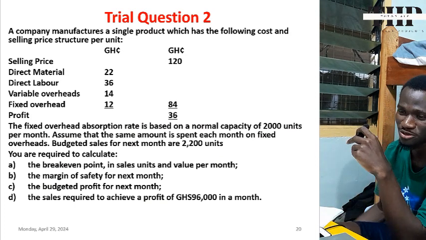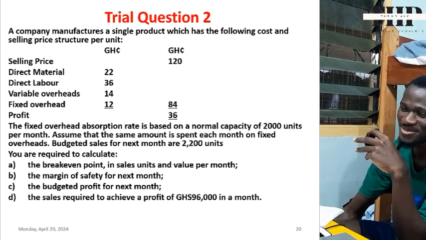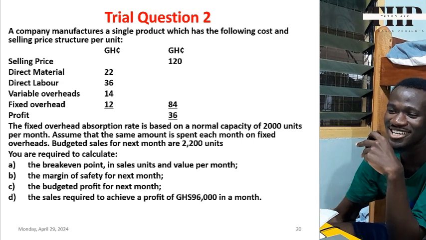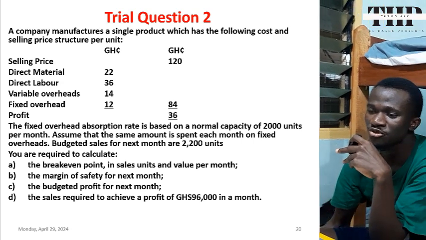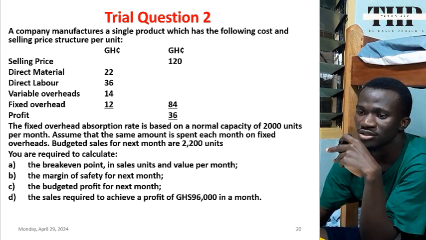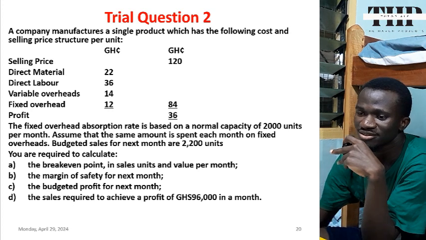Trial question 2. A company manufactures and sells a product which has different cost and selling price structure per unit.